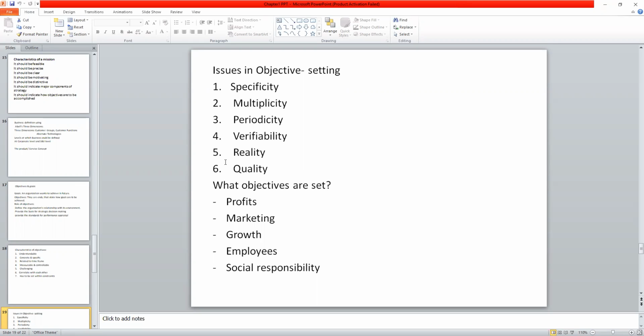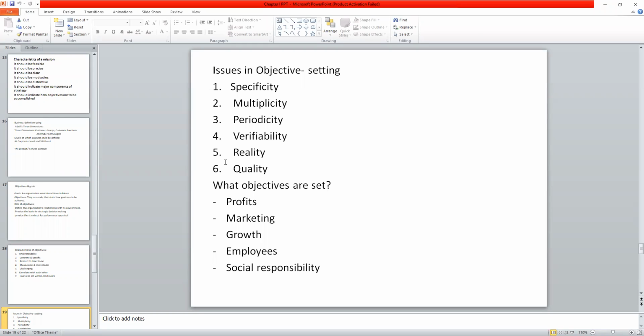The multiplicity issue deals with different types of objectives with reference to organizational levels, like whether they are set from the point of view of a higher level or lower level. Similarly, from the importance point of view, whether they are primary or secondary. And these objectives may pinpoint whether towards survival, that is, struggling in the market, or they are in the growth phase.